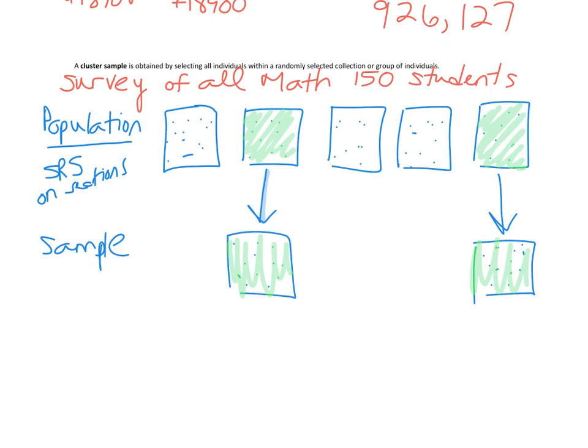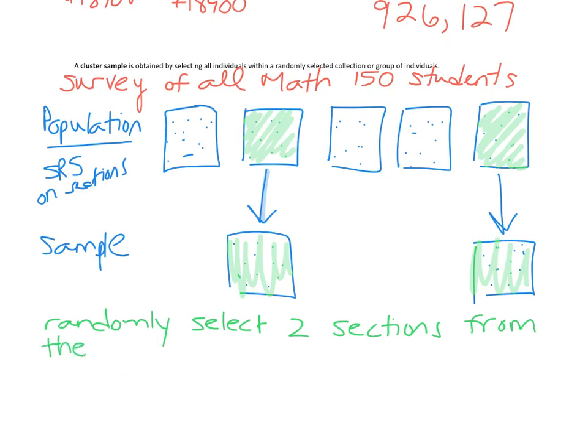So let's write out that process. Again, what happened is we randomly select 2 sections of Math 150 from the 5 sections of Math 150.